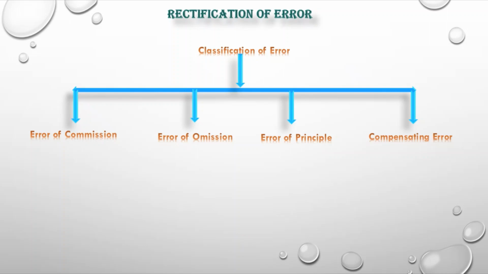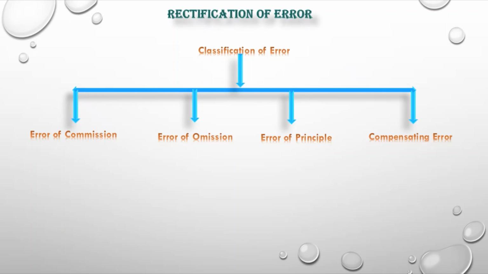Error of omission. Error of omission indicates that, suppose a machinery has been purchased for cash, rupees 10,000. In this case, 10,000 may be recorded on the debit side of the machinery account, but the accountant forgets to record the credit side of the cash account.